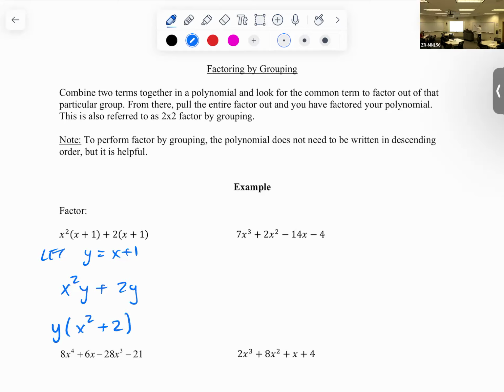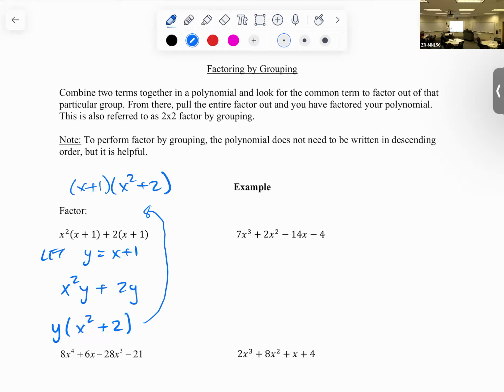The idea is this whole piece is something you can pull entirely out. Now I replace that y back with x plus 1, and it results in x plus 1 times x squared plus 2.